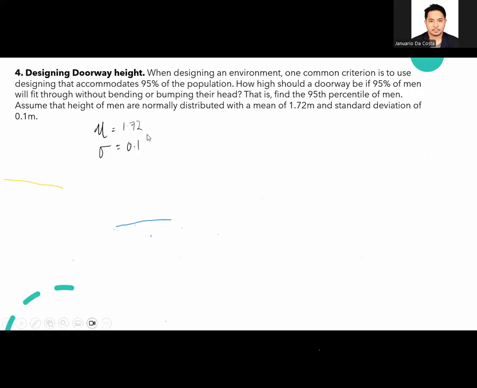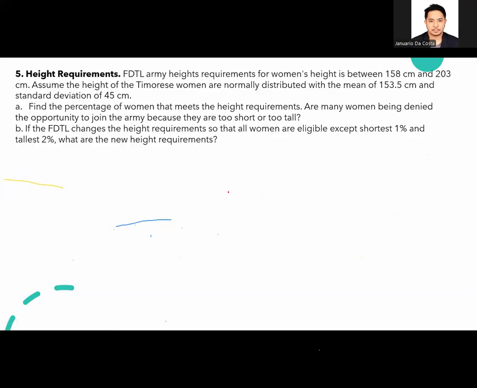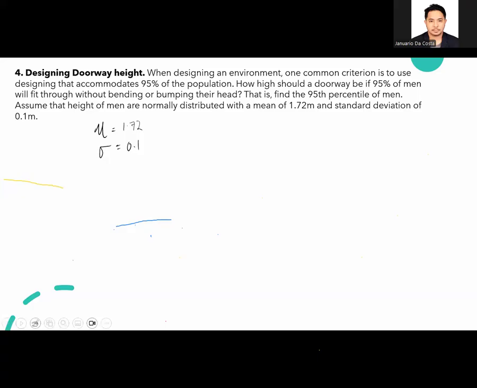All right, but we want to find the 95th percentile. So that means if I have a normal distribution table like this, just imagine that. Say I have a z-score table. Okay, I have a very bad drawing over here. So you want to find how high a doorway should be if 95% of the men fit through.